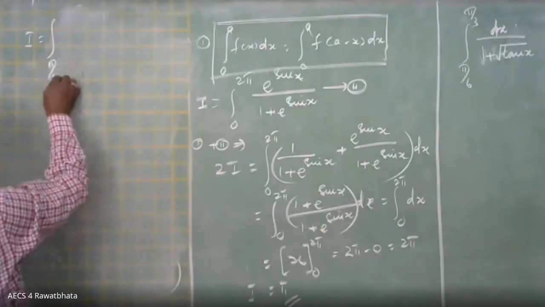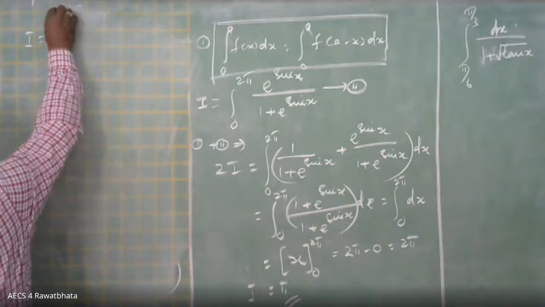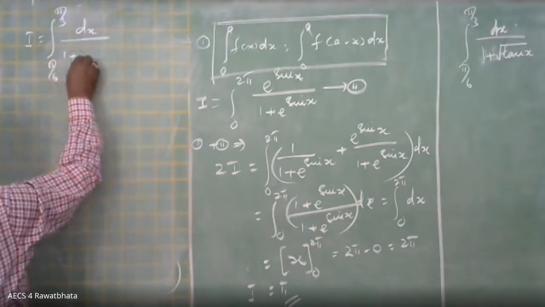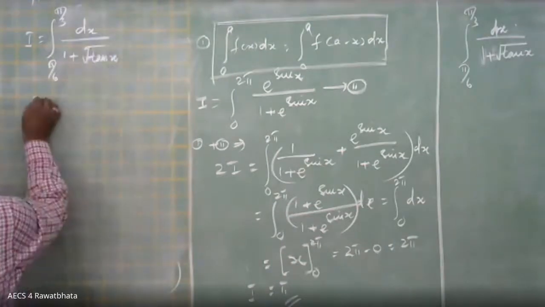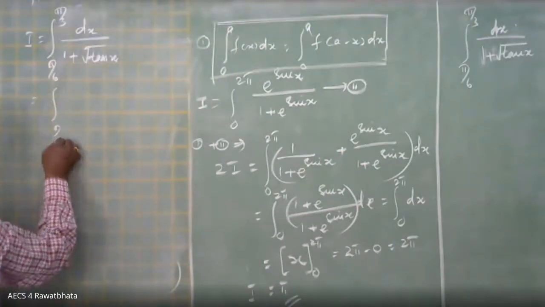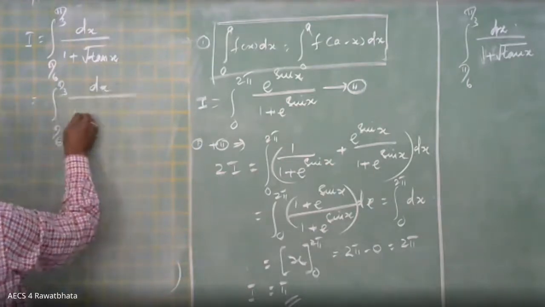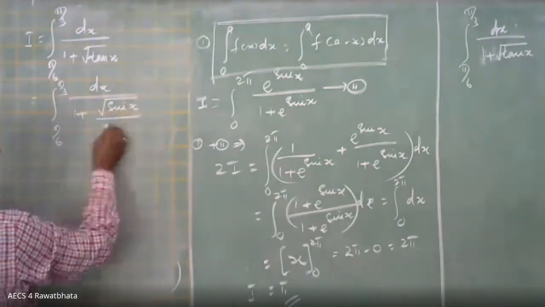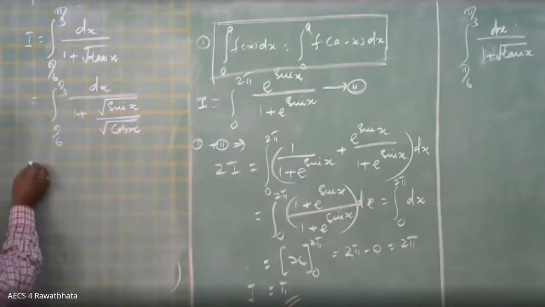I is the integral from π by 6 to π by 3 of dx upon 1 plus root of tan x. So now this is the integral from π by 6 to π by 3 of dx by 1 plus root of sin x upon root of cos x. Correct?